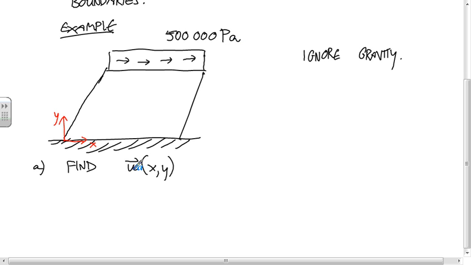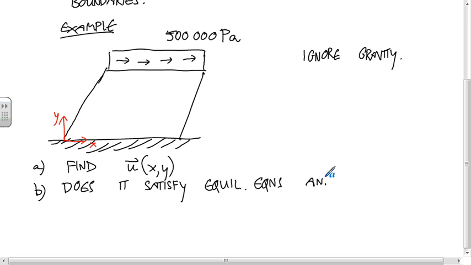And we're going to do this just based on thinking about what type of deformation we're going to have. And then the second thing we want to do is make sure that it satisfies the equilibrium equations. Does it satisfy the equilibrium equations and the boundary conditions?